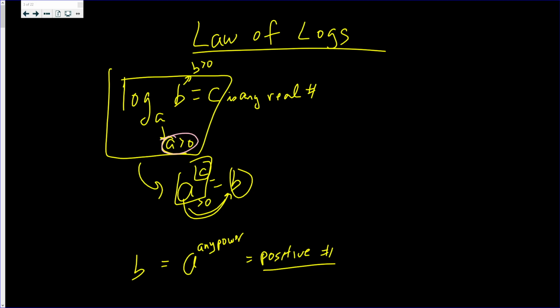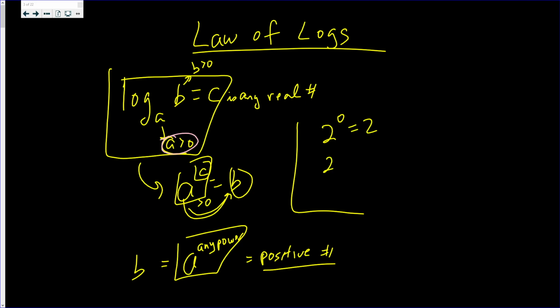Okay. A to the C is B. So if A is positive and you raise it to any power, you'll get a positive answer. If you don't believe that, if you raise 2 to the 0, you get 1. 2 to the 1 is 2. 2 cubed is 8.